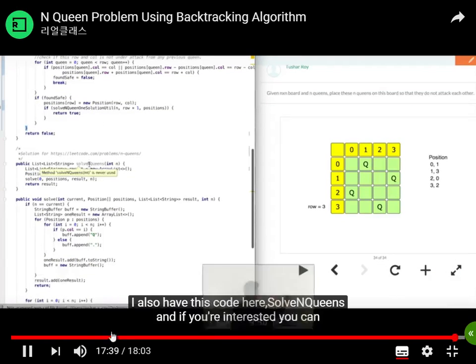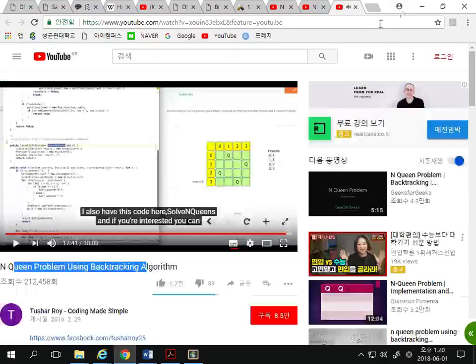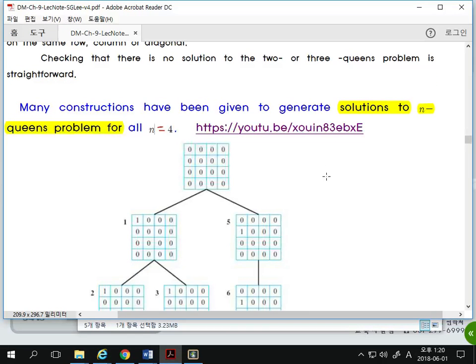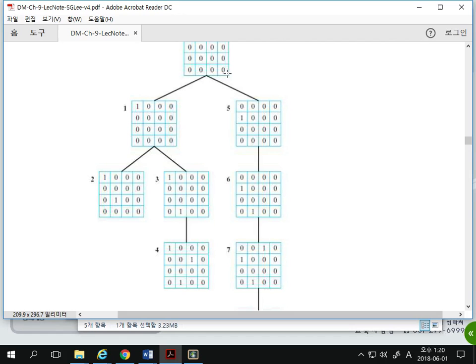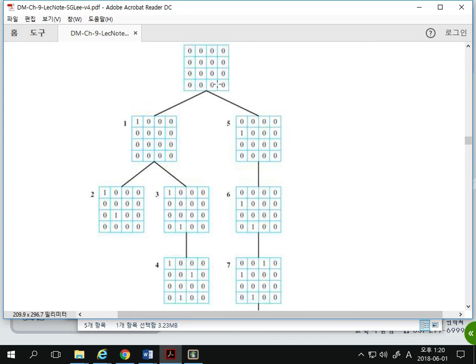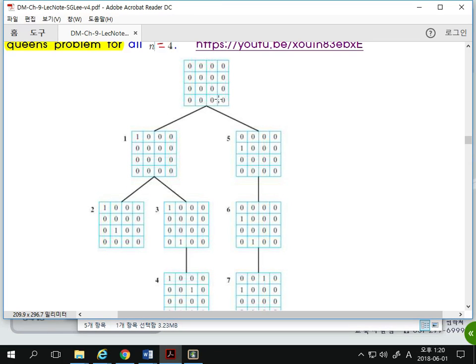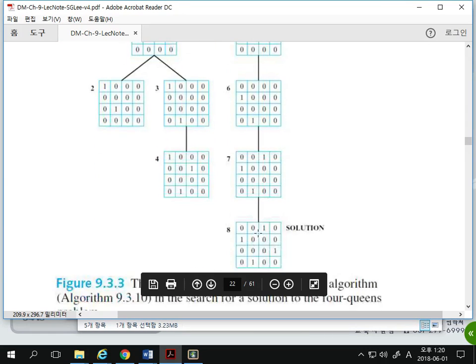I also have this code here, solve. Okay. So there are many solutions already found for the 4 by 4 chessboard, the 4 queens problem here, and the analysis was given like this: start from here, then first, second, third, fourth, and fifth, sixth, seventh, eighth, like this.